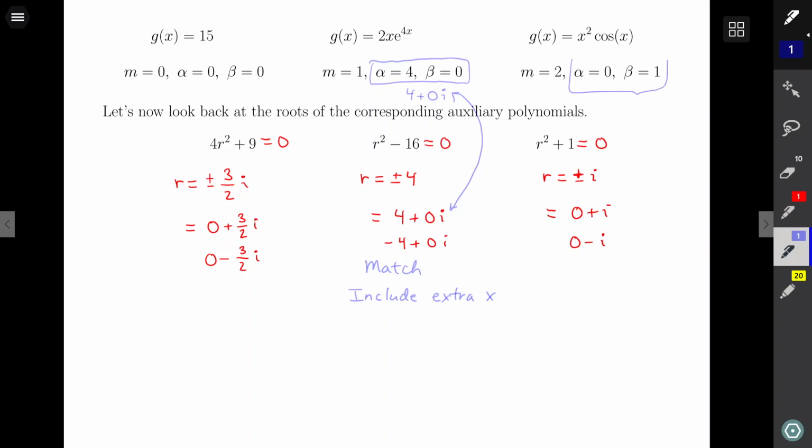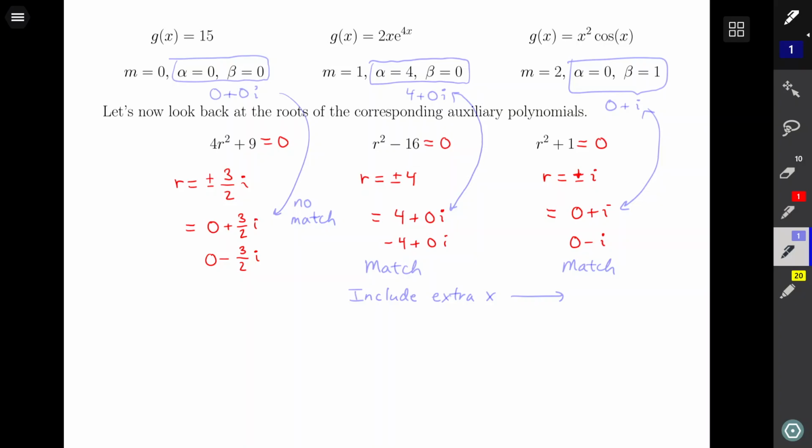If you take the alpha plus beta i, you get 0 plus i. There's a match. And you do the same thing, include an extra x. In the first one, that didn't happen. You had 0 plus 0i. And there is no match. So we didn't need to include that extra x there.